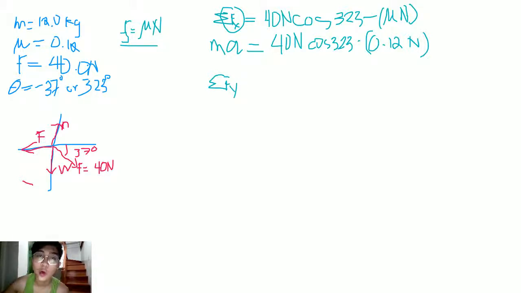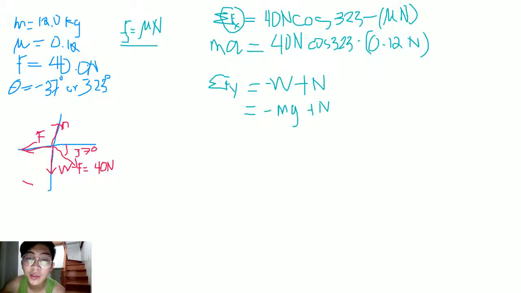So, forces along y is equals to, ano ba yung nag-aaksaan niya? Meron tayong weight. So, weight is just simply equals to mass times gravity. So, weight is always negative. So, negative W plus meron tayo normal force which is opposite kaya plus to. So, equals to negative mass times gravity plus n.